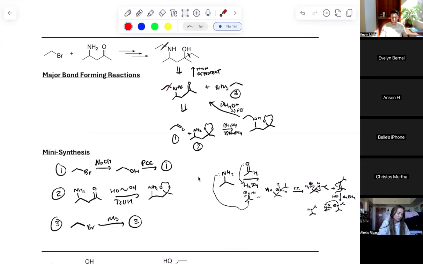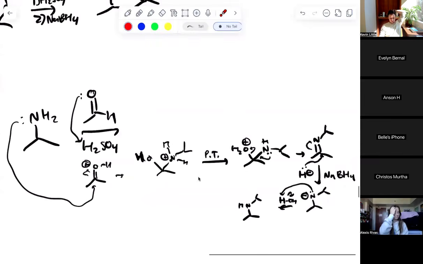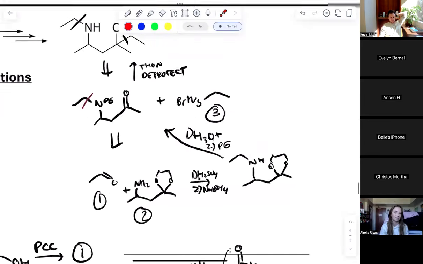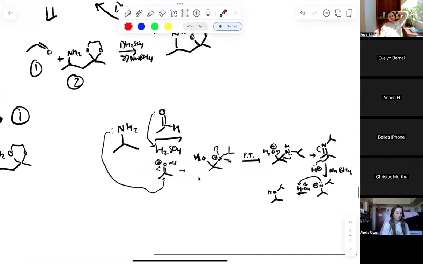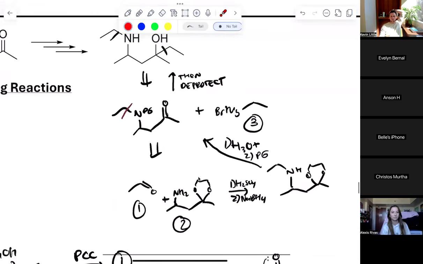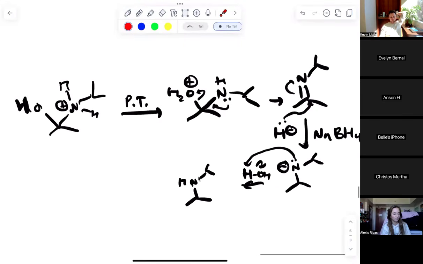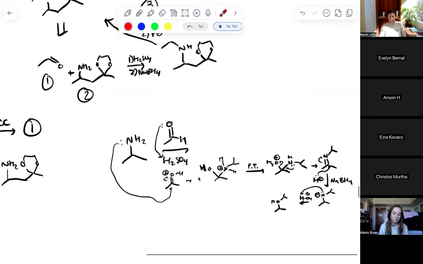But why, at the end, did you reduce with NaBH4? Because that's what we've been showing with these synthesis problems. He was asking why am I doing H2SO4 and NaBH4? The NaBH4 is to reduce the imine which you form from the initial reaction down into the amine. Oh, okay. So you're just showing this reaction. Yes. Okay, I didn't see that.